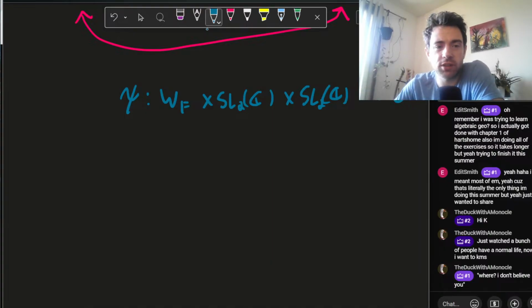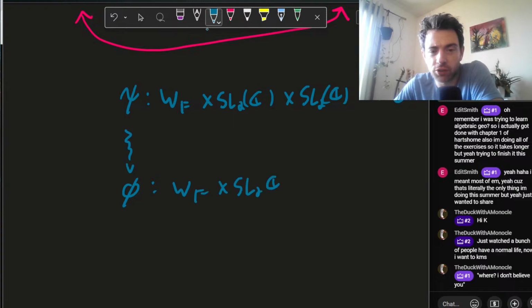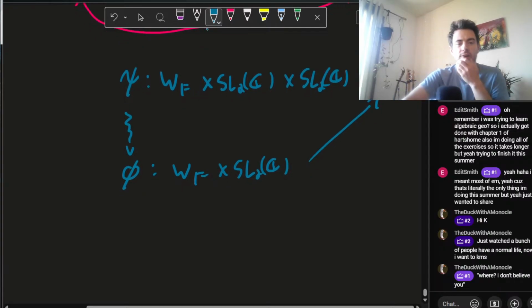And therefore, we see that each Arthur parameter determines in this way a Langlands parameter. It's actually not just naively restricting to the second factor. It's slightly more complicated, but let's not worry about that right now.